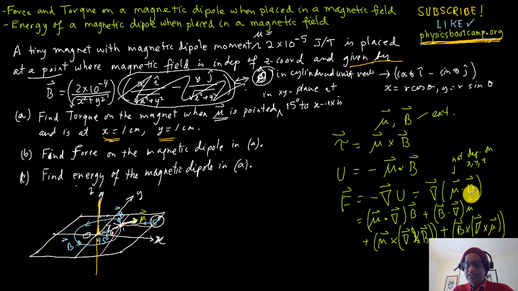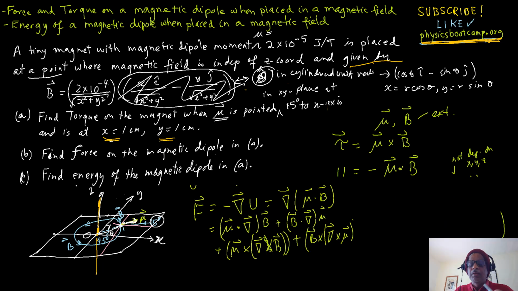So this thing actually separates into 4 terms. You can say that this should be 0 because mu has 0 derivatives, and this will be 0 because it's all derivatives of components of mu.